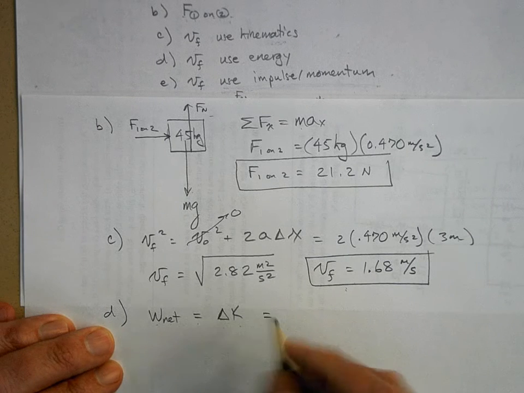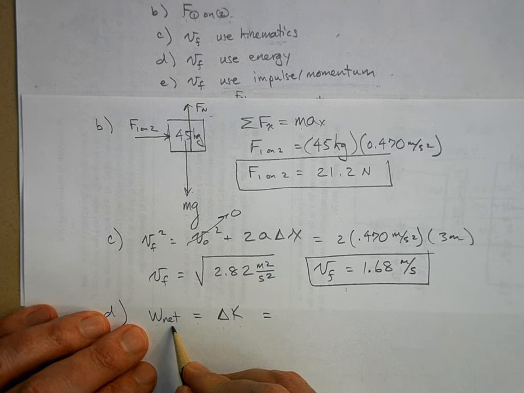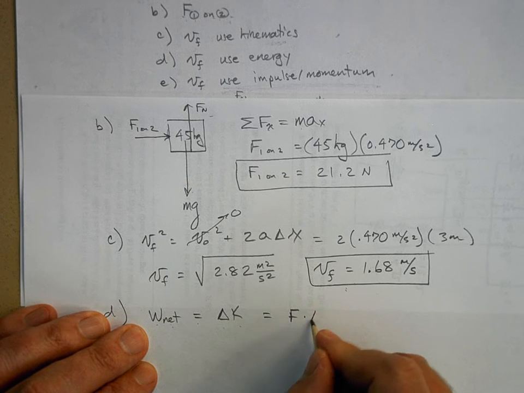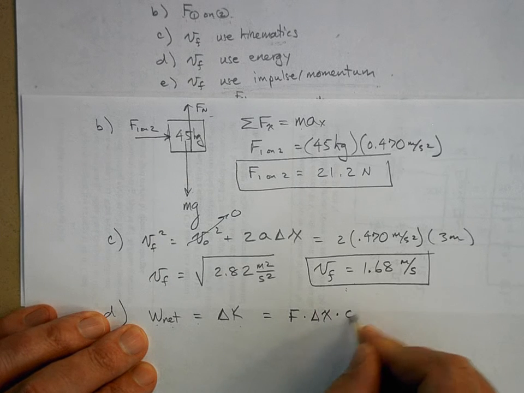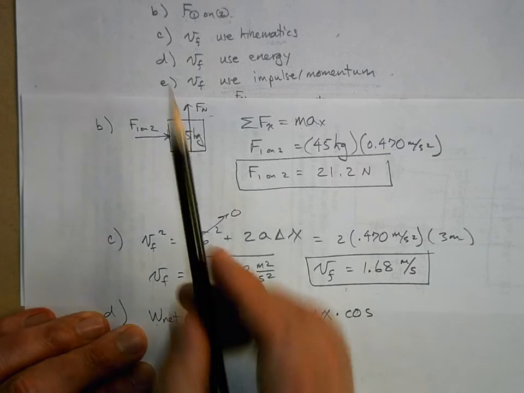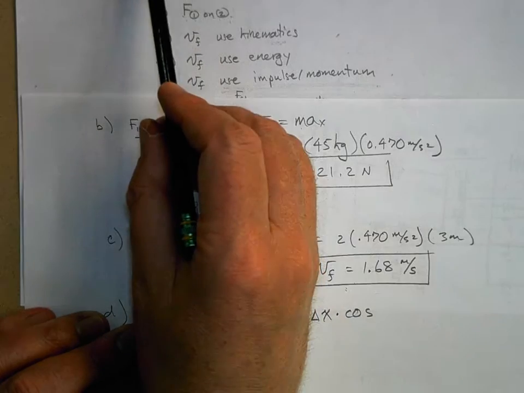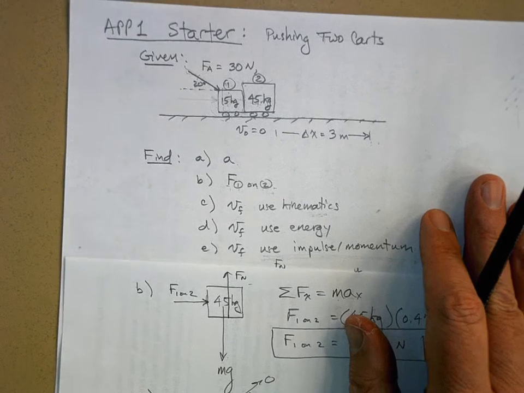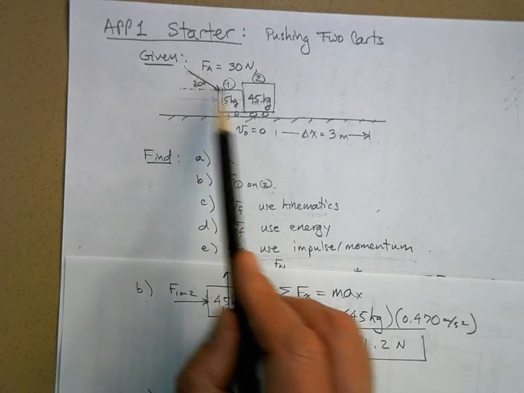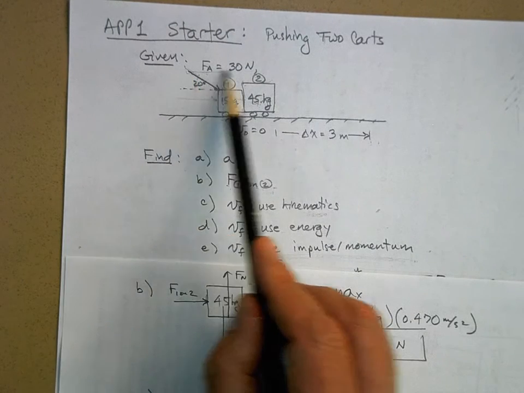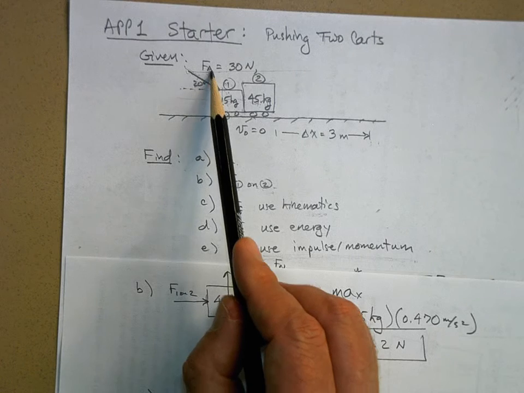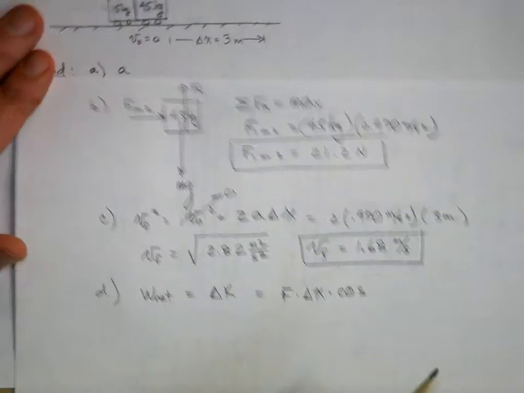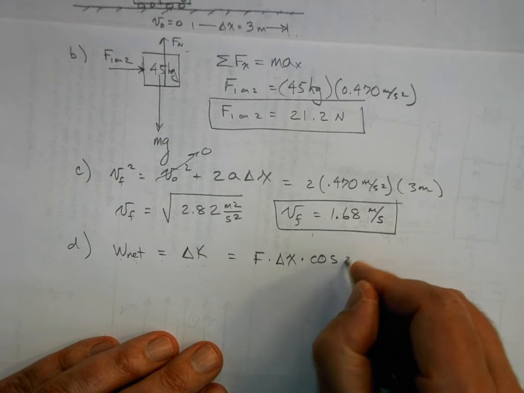Well, work is equal to force times displacement times the cosine of the angle between the force and the displacement, which is, if I look at my picture, the force is 30 newtons, the displacement is 3 meters, and the angle between them is 20 degrees. So that's going to be 20 degrees.